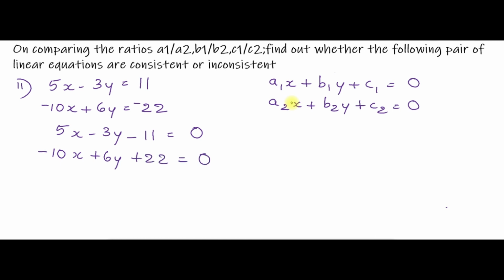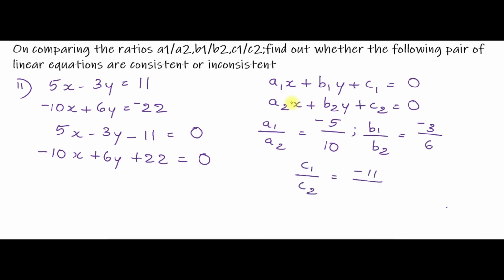Now you have to get a1 by a2 equal to minus of 5 by 10, b1 by b2 equal to minus of 3 by 6 and c1 by c2 equal to minus of 11 by 22. Cancelling, you will be getting 1 by 2, minus 1 by 2 in each case.